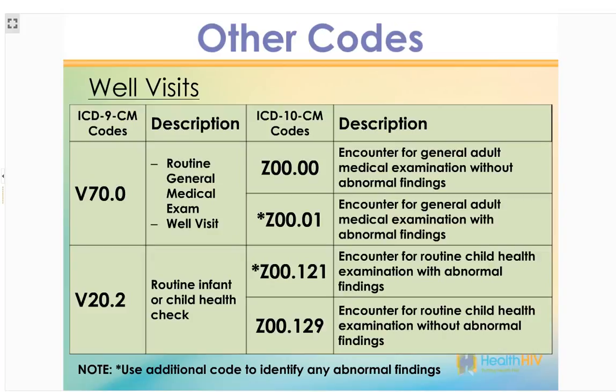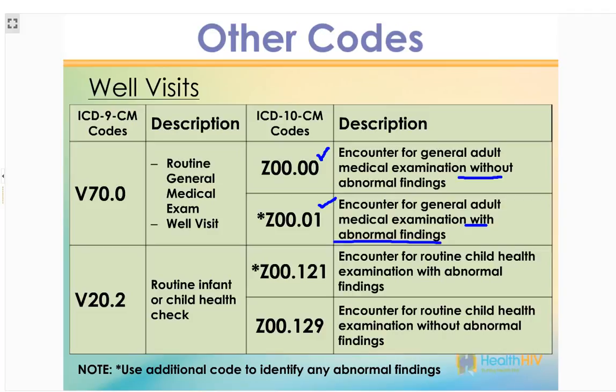The first set is for your adult population, and if you'll notice, Z00.00 denotes well visit without abnormal findings, and Z00.01 is with abnormal findings.